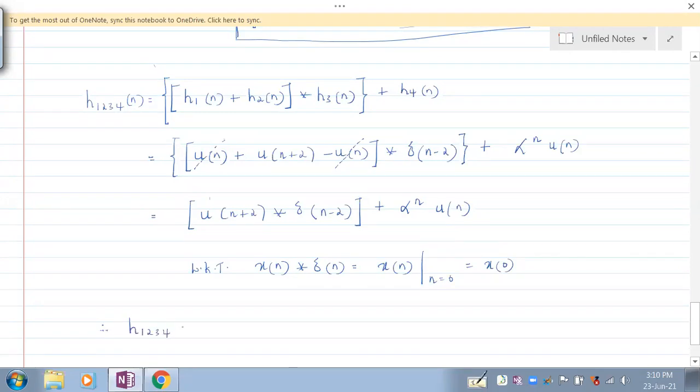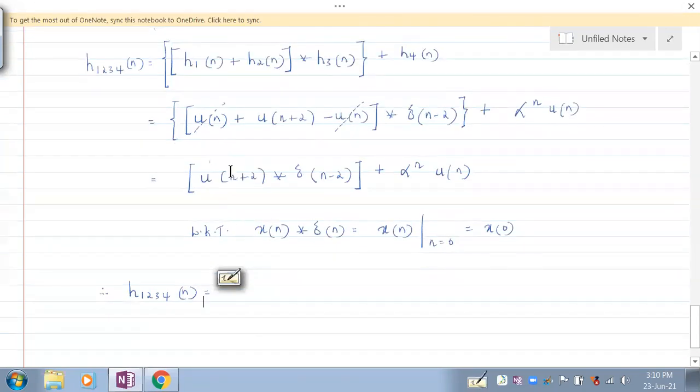Therefore h1234 of n is, what is x of n here? x of n is delta of n plus 2. So what do we need to do with this? Sorry, I'm writing this wrong.